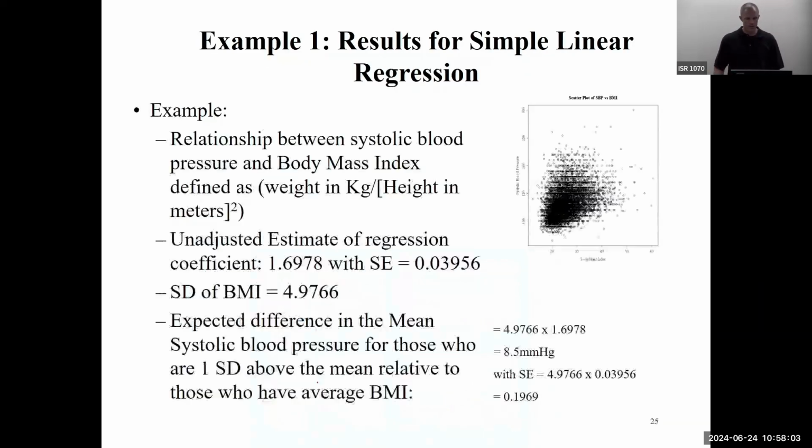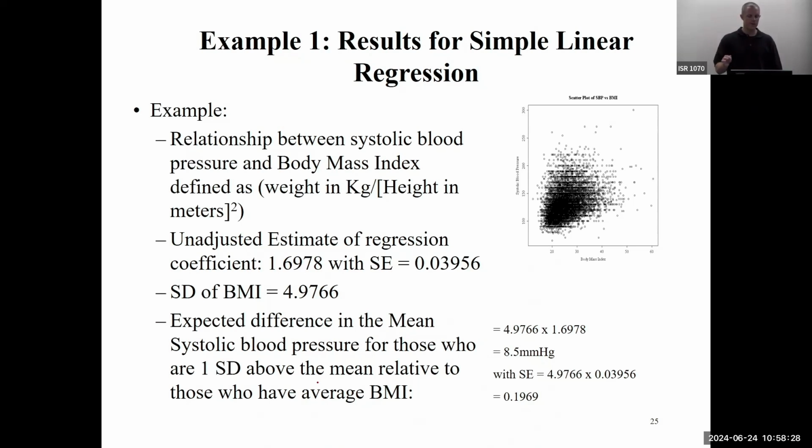Okay, so thinking about interpretation a little bit with what we saw here. In this example, again, we're looking at the relationship between systolic blood pressure and BMI. Okay, the unadjusted estimate of the regression coefficient was about 1.7 with a standard error of 0.04. So clearly a significant relationship here, a significant positive relationship. We know that the standard deviation of BMI was about 5.